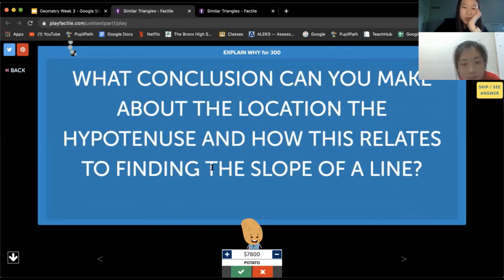I think if you know the 2 points, you can know the slope and you can know the hypotenuse, because the 2 points are where the hypotenuse is.